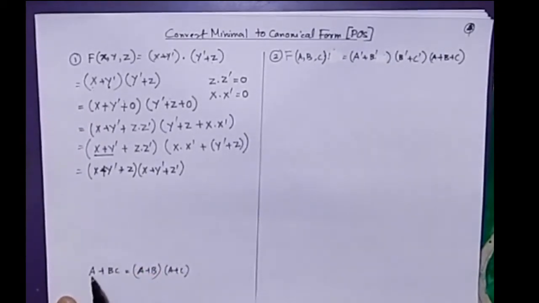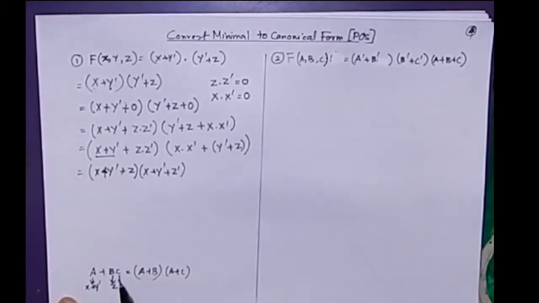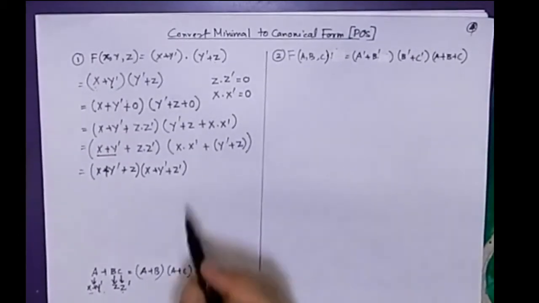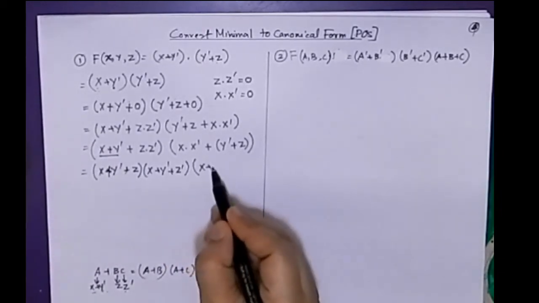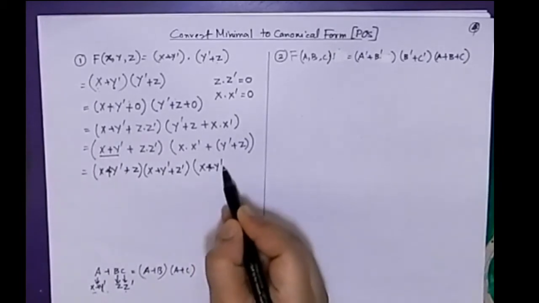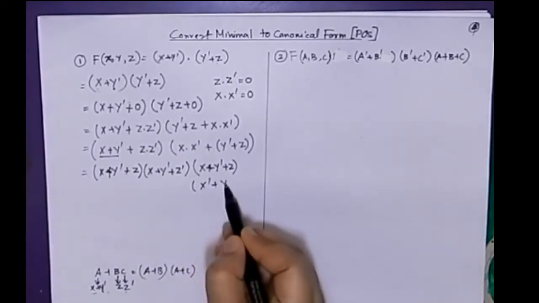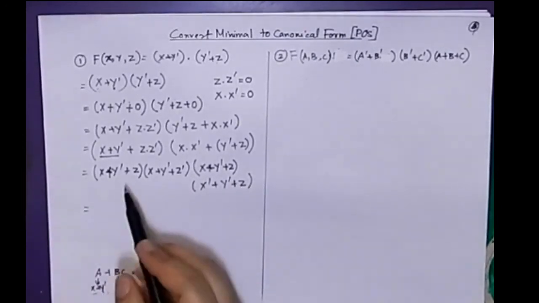So here a is x plus y dashed, and this one is z, and this is z dashed. So that is x plus y dashed plus z, x plus y dashed plus z dashed. Again, this term can be written as x dashed plus y dashed plus z. Now let us see if we have any terms repeated.